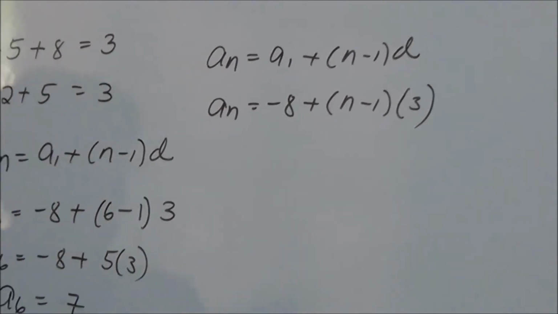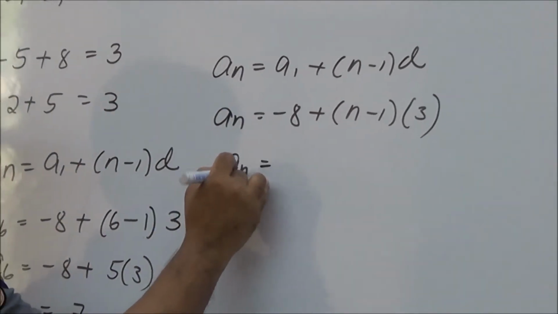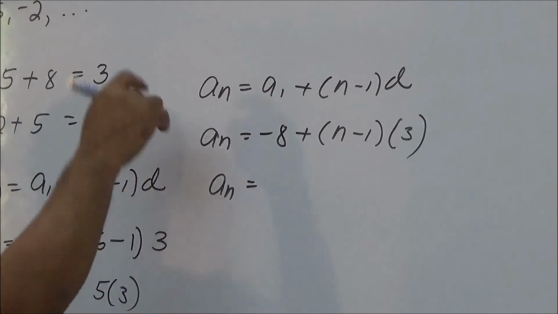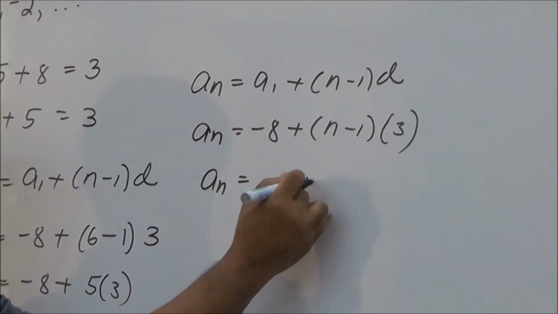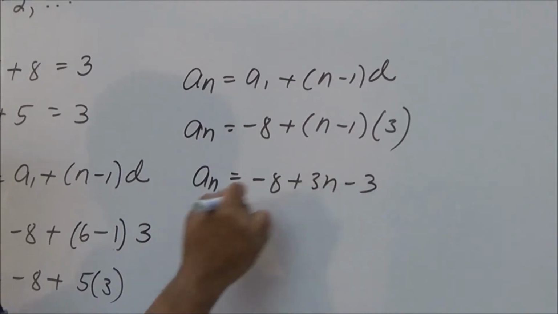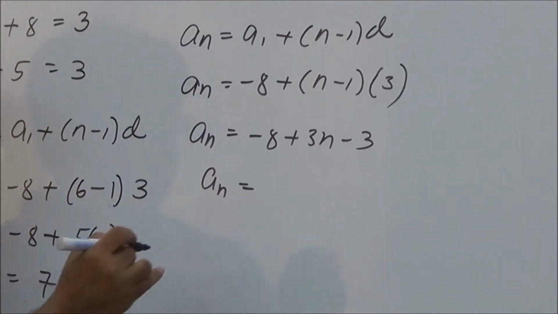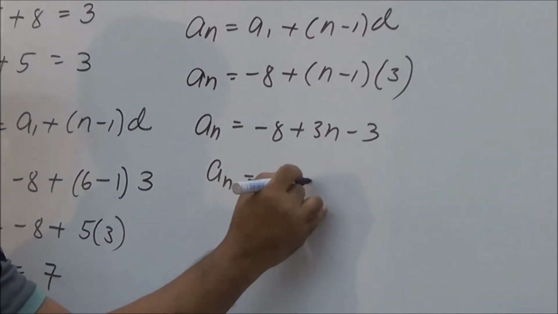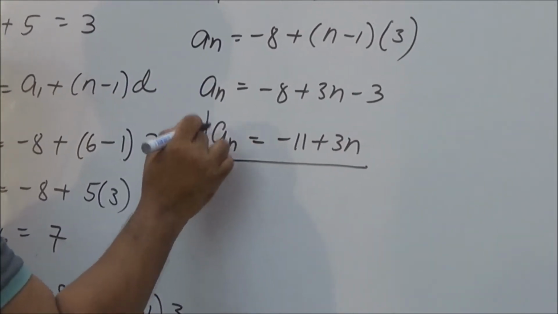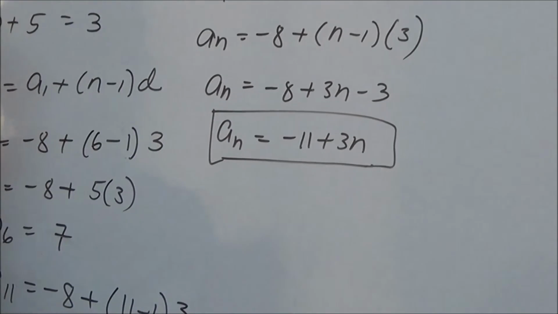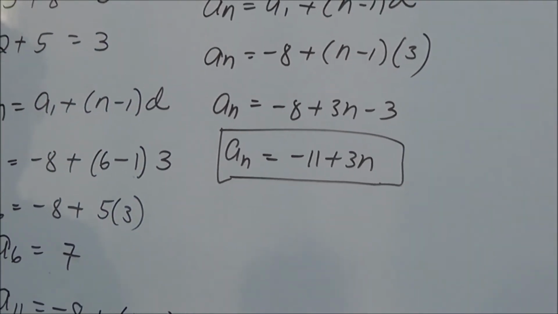Okay? And with that, we can also see that the formula for the nth term is negative 8 plus 3n minus 3, or a sub n is negative 11 plus 3n. Okay? So this is now the final answer, a sub n.